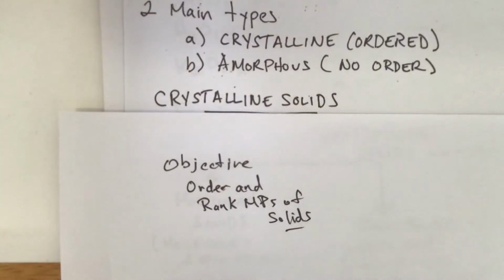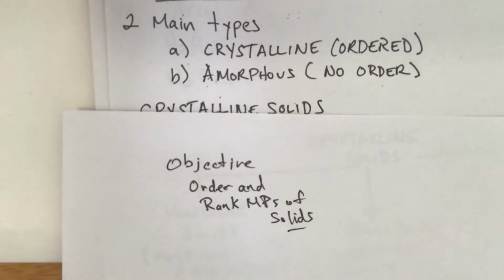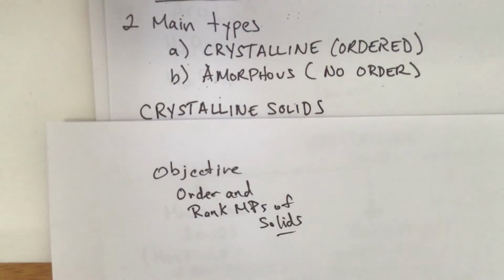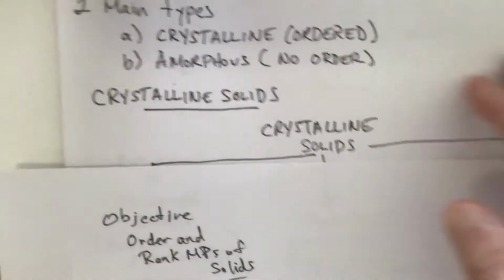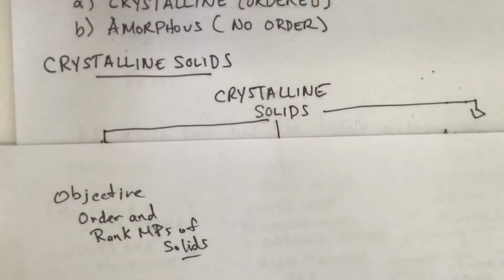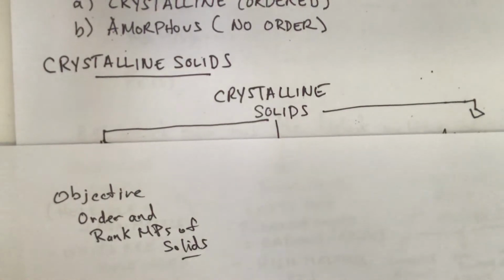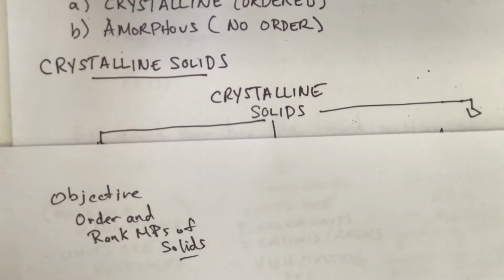Okay, crystalline solids. We can put crystalline solids into three main categories. Each category is going to have a slightly different melting point, because the intermolecular and intramolecular forces that hold the atoms or the molecules together in their crystalline lattice structure will be slightly different.